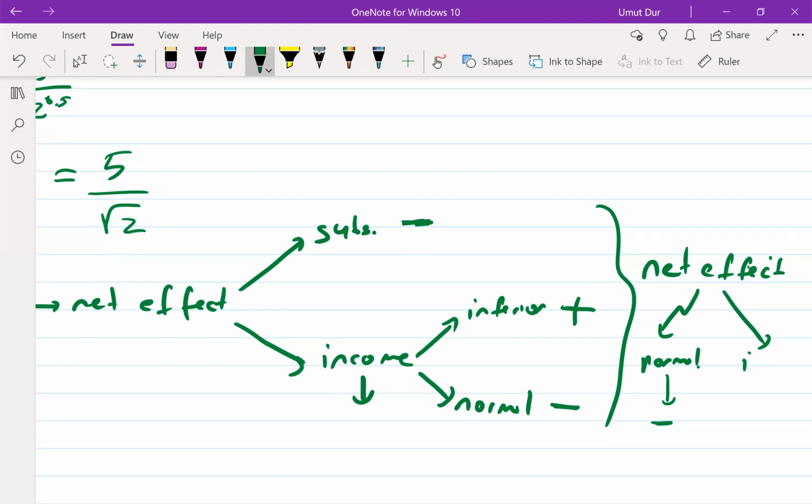But for the inferior good, the substitution effect is negative, the income effect is positive. So we are not sure whether it will be positive or negative. It depends on the size of the income effect and the magnitude of the substitution effect. So for the inferior goods, the result is ambiguous.